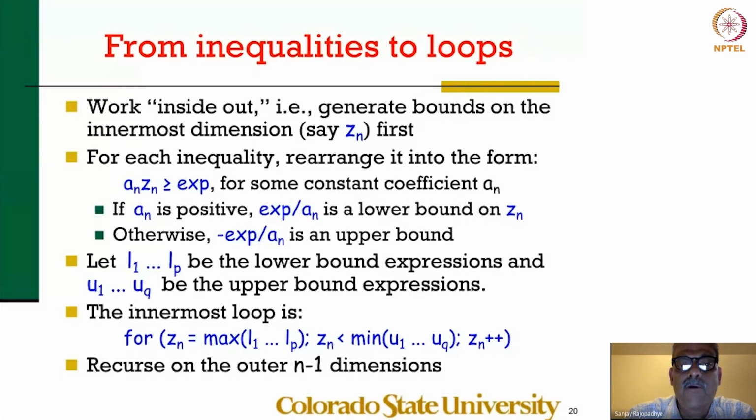For each inequality in this domain, rearrange it into the form some coefficient an times Zn is greater than or equal to the expression. If an is positive, then the expression divided by an is a lower bound on the index Zn. Otherwise, minus expression divided by an is an upper bound. Agree?